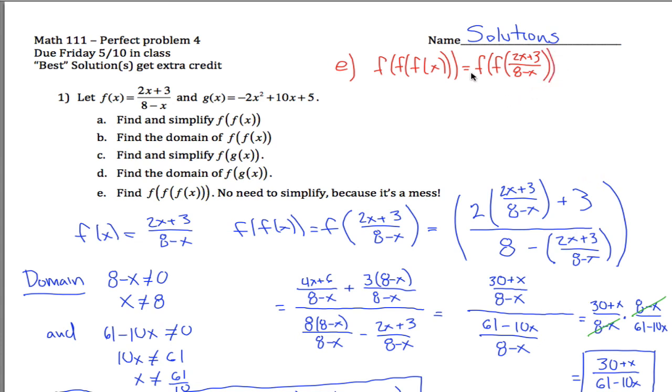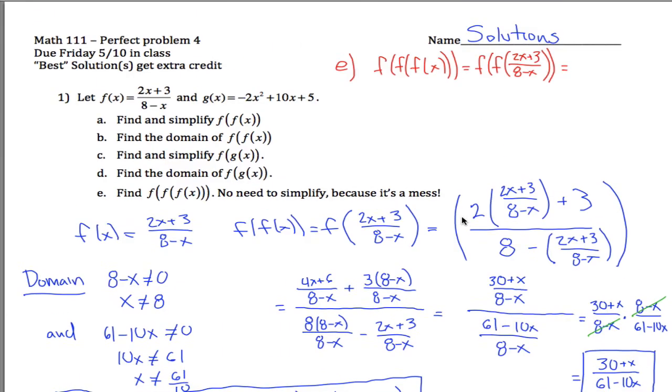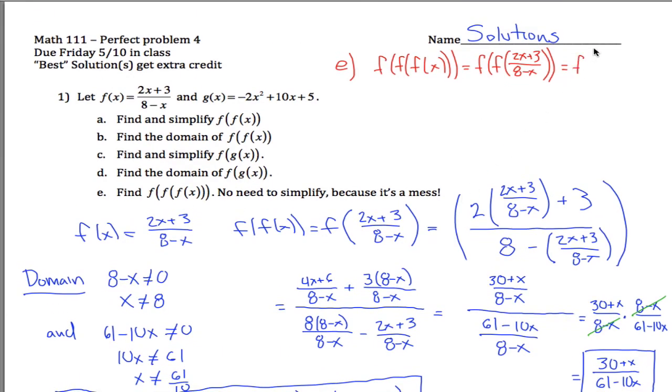So what I'm trying to figure out is f of 2x plus 3 over 8 minus x. f of 2x plus 3 over 8 minus x, a couple different ways to write that. You could write it in this form, or you could write it in this form, because we already figured that out. So what I'm going to say is that is f of 30 plus x divided by 61 minus 10x, because we figured that out in part A.